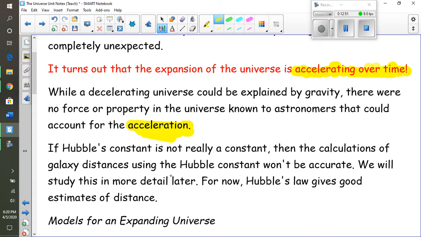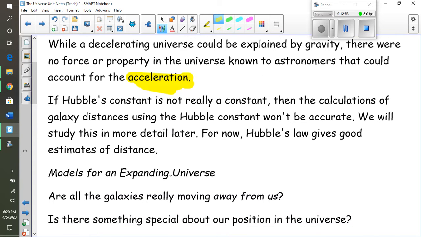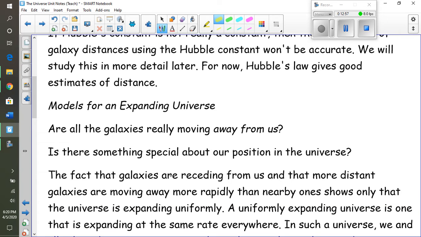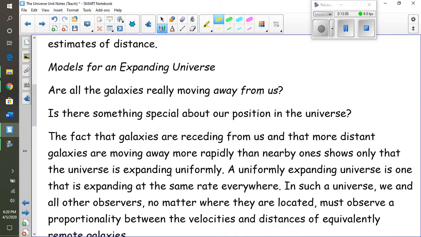the expanding universe. Okay, so for some of the models here, then, are all galaxies really moving away from us? Is there something special about our position in the universe? These are important questions here. And the fact that galaxies are moving away from us and that more distant ones are doing it faster shows that the universe is expanding uniformly.